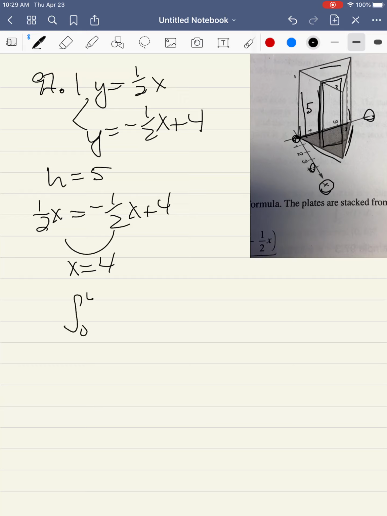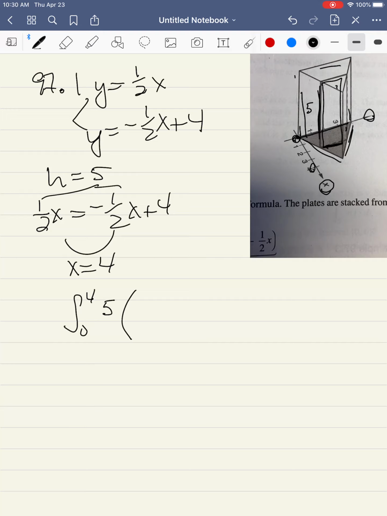All right, so let's set this up. The integral from 0 to 4. We're going to integrate the area. So the area is the height times the length, or base times height, whichever way you want. But in this case, the height is always 5. So I'm just going to go ahead and put it here.